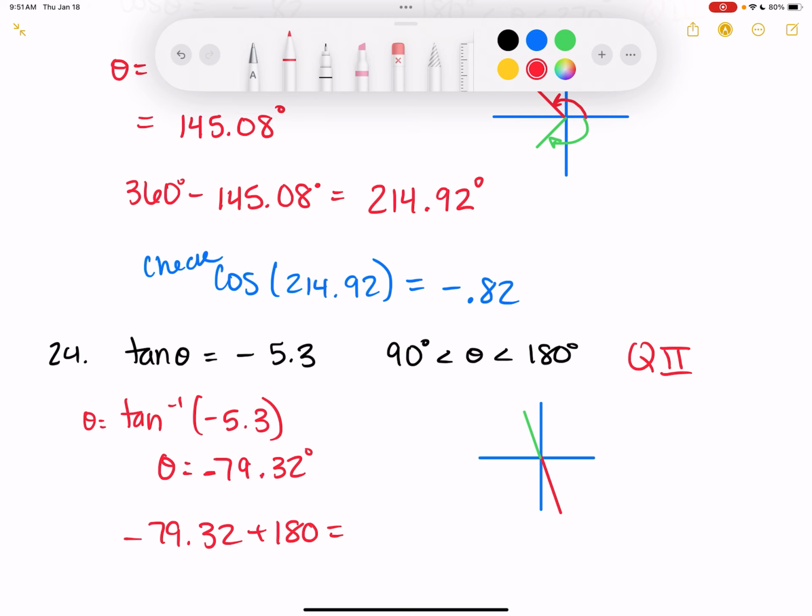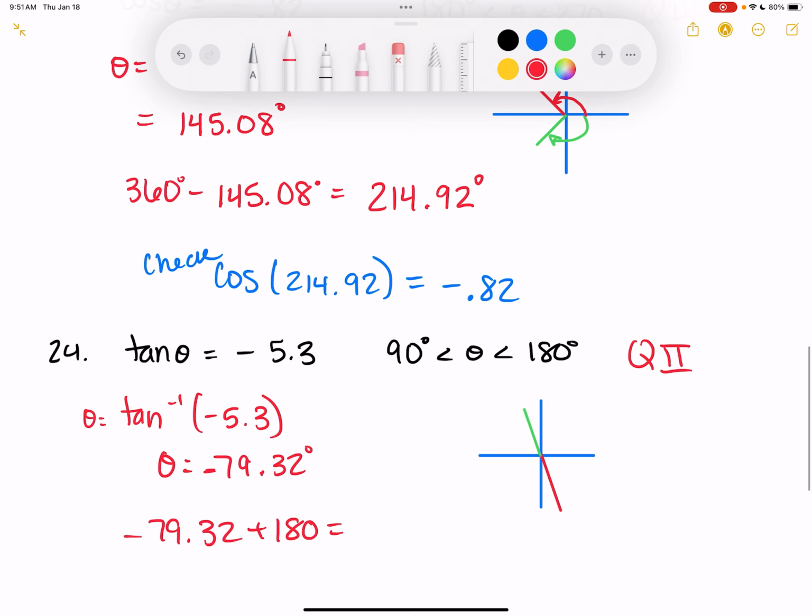What does that give you? 100.68, which is in the range we were looking for, so it's good. And again, you could check it by doing the tangent of 100.68, and it would give you negative 5.3.